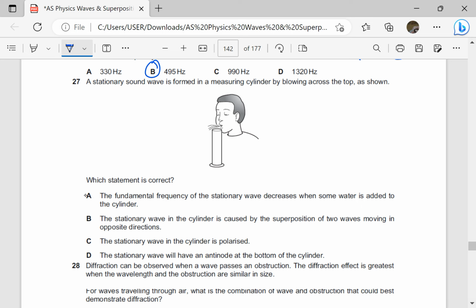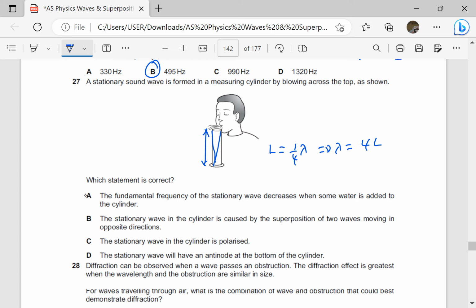Of course, if the other end is closed, it means the length of the pipe here would be equal to a quarter of a wavelength, which means that the wavelength would be equal to 4L.